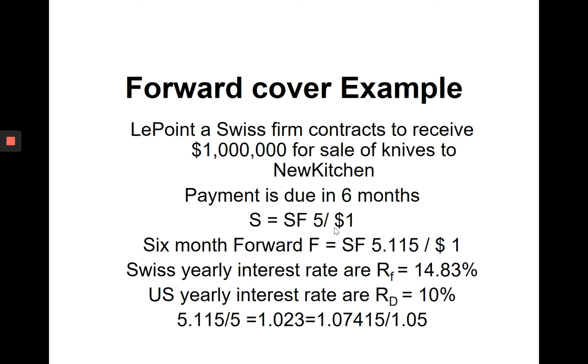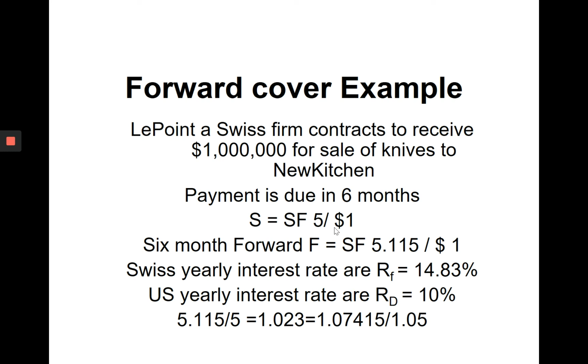So to get 10% extra return, we multiply by 1.1 when interest rates are 10%. Here, the 6-month interest rate is 7.415%. So to calculate the return, we multiply by 1.07415. Divide that by 1.05. Now it became easy. This 0.05 stands for 5% interest for 6 months, or 10% yearly interest in the domestic country, the US.